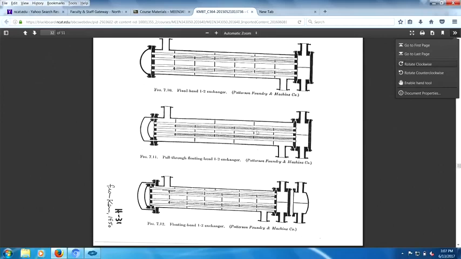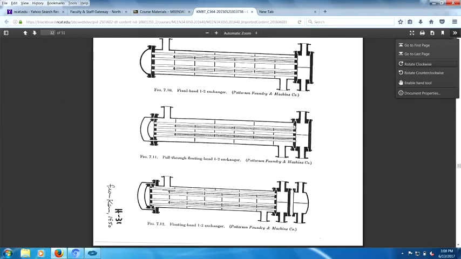Well, if I was to clean this heat exchanger, I would remove this channel cover here and these two back channel covers, and the tubes would be open for me to clean, right? The problem is the shell wouldn't be open to clean that easily. Cleaning the shell is tough. So in this case, I could pull the bundle.